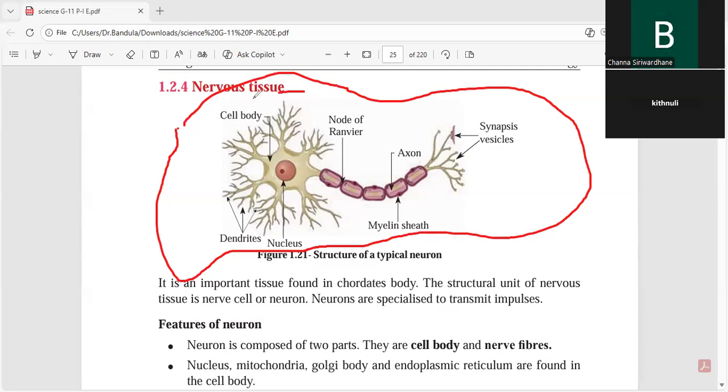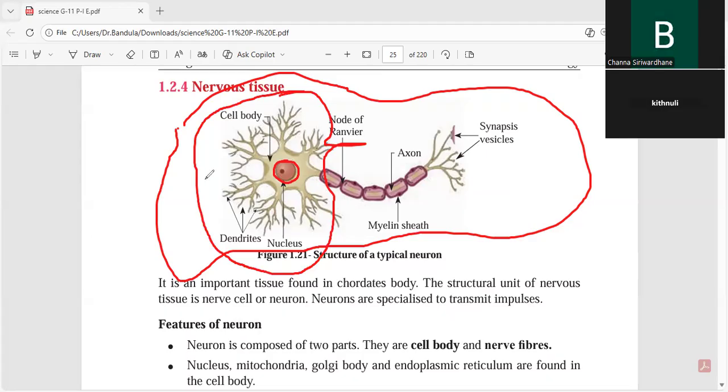First one is the cell body. It is like a flower, and small dendrites are connected to it. Dendrites. And here we have the nucleus, at the center of the cell body, right?